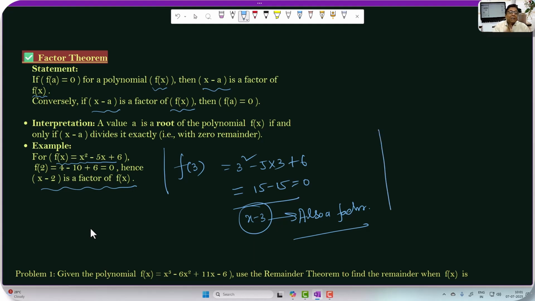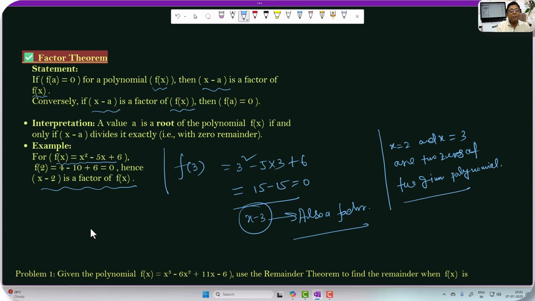Now, another thing is there. If you say that the polynomial vanishes for x equal to a, then we will be referring to a as the zero of the polynomial. Because it is making the polynomial 0, so a is going to be the zero of the polynomial.